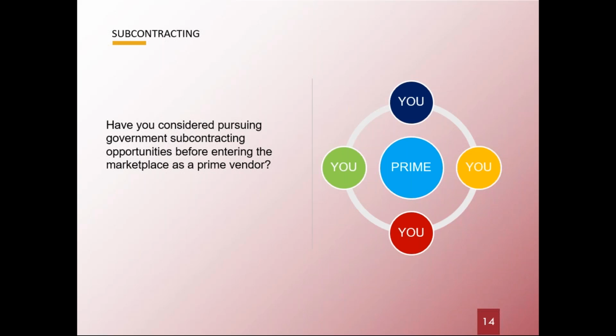A lot of contracts have what's called a subcontracting plan within them, which mandates that the awardee, or the prime, must use certain classifications of small businesses on this particular contract award.